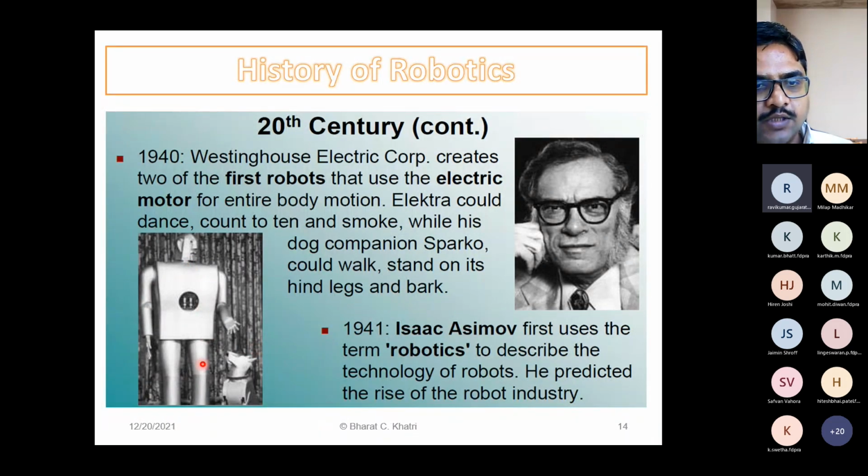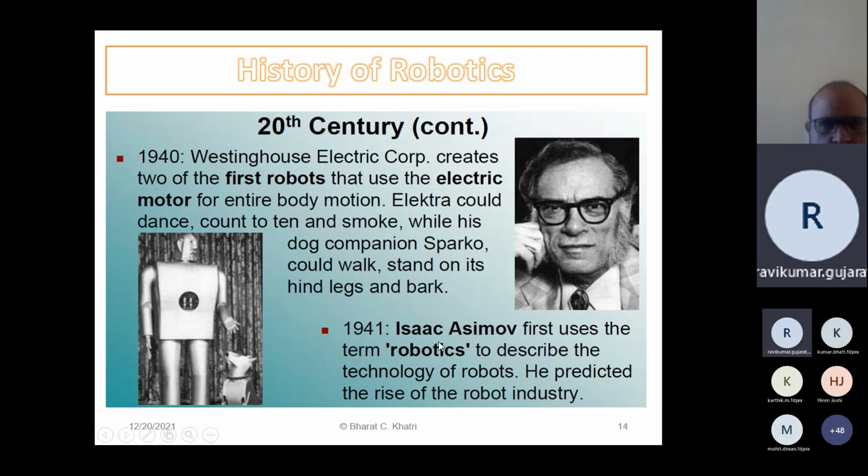Second, they made this dog, Sparko, a companion to this one, and this dog can also walk, stand on his legs, as well as bark. So these capabilities were given to these two robots. One is like a human being, one is like a dog.